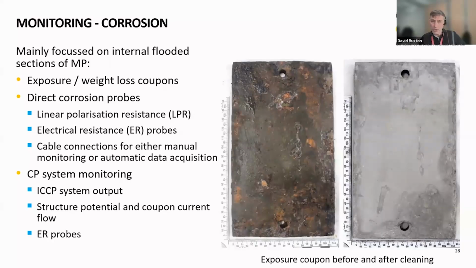So it's getting a bit more complex. And if CP is applied, it's obviously important to monitor the CP system as well, to look at the system output if you've got an impressed current system. You would typically measure the structure potential, and also, if you've got any coupons installed, look at current flow, so you can confirm the current density.